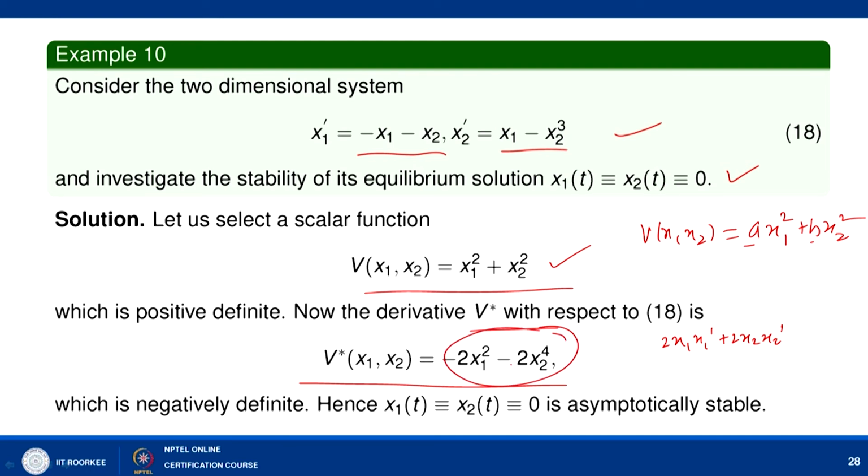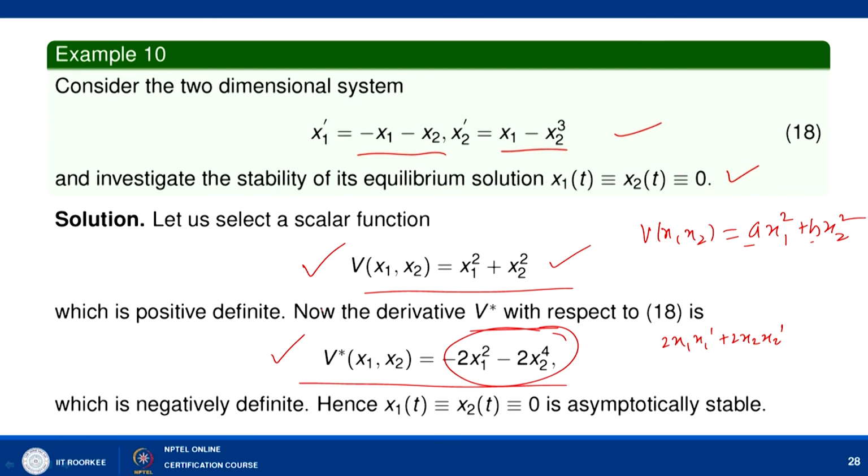This will be 0 only when x1 and x2 both are 0, and hence we have a Lyapunov function which is positive definite and whose derivative is negative definite, and hence the 0 solution is an asymptotically stable solution.